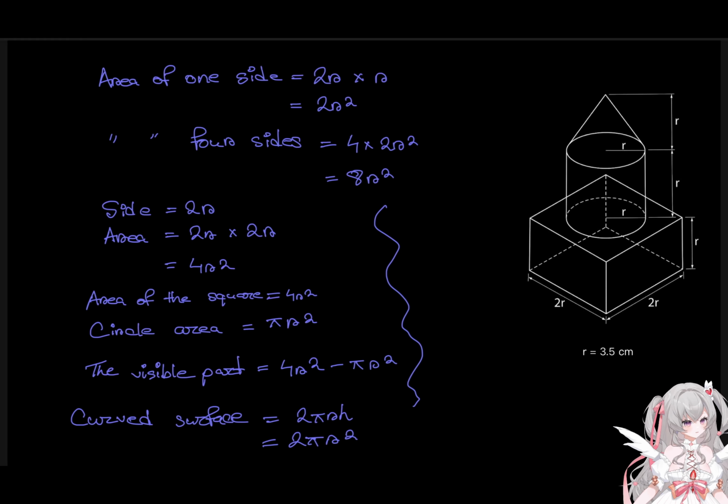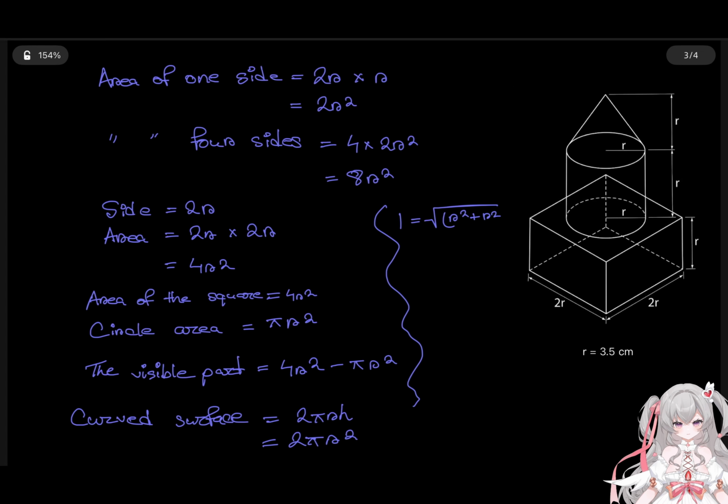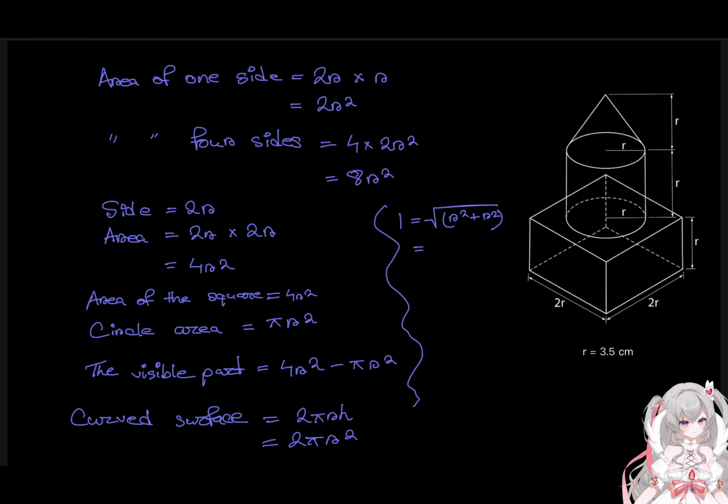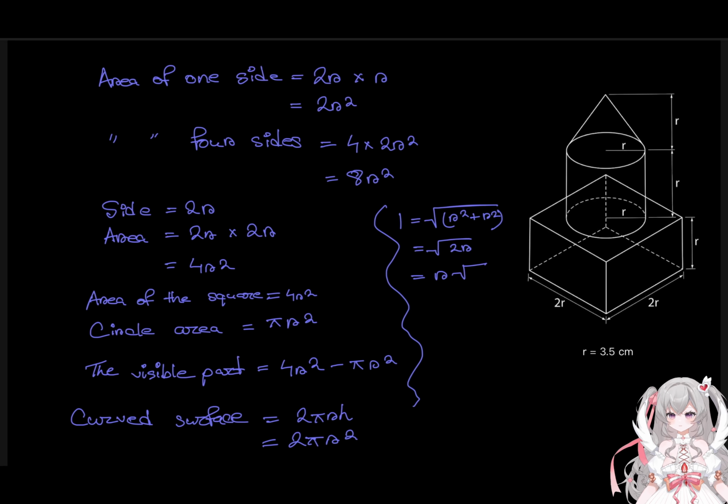So slant height is equal to root of r squared plus r squared. If we simplify this, we get r root 2.